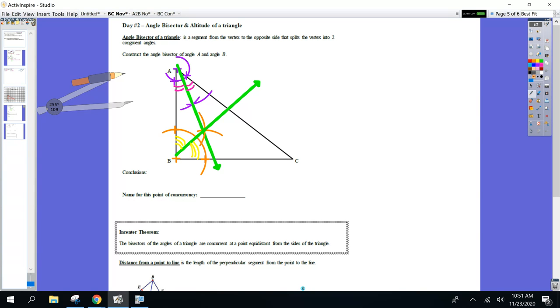Correct. So there's your conclusion right now. All three angle bisectors in a triangle are, what's the vocabulary term we're using nowadays that says they all intersect? Are concurrent.